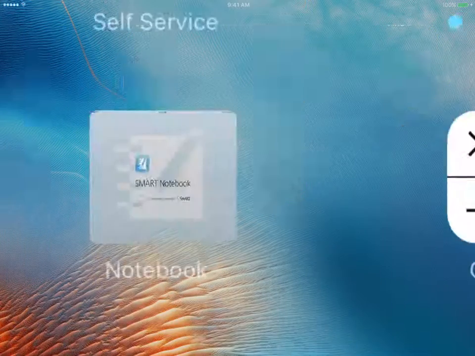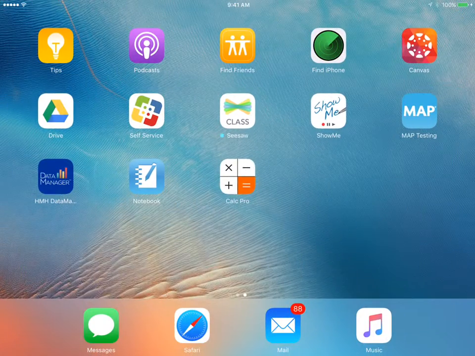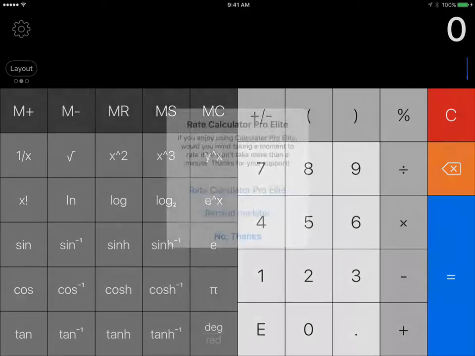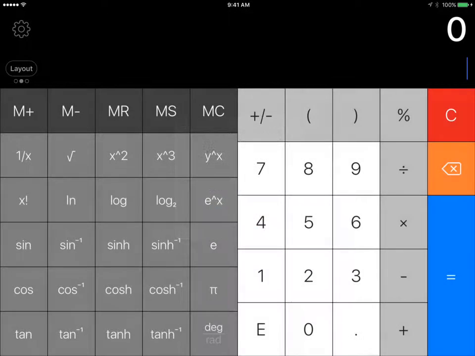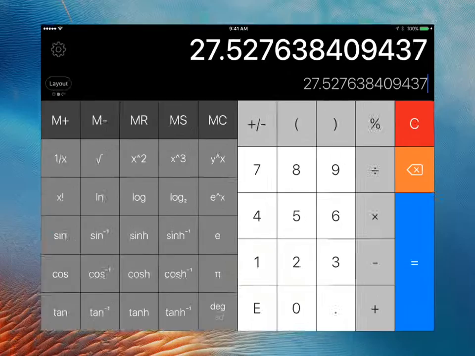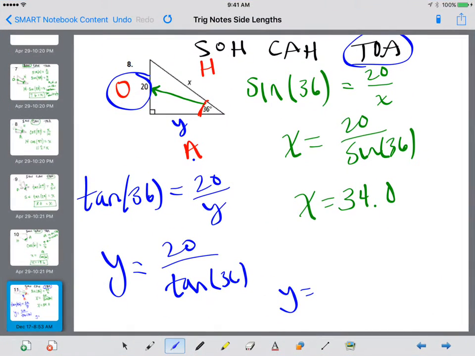So 20 divided by tan 36 gives us 27.52. So y equals 27.52.